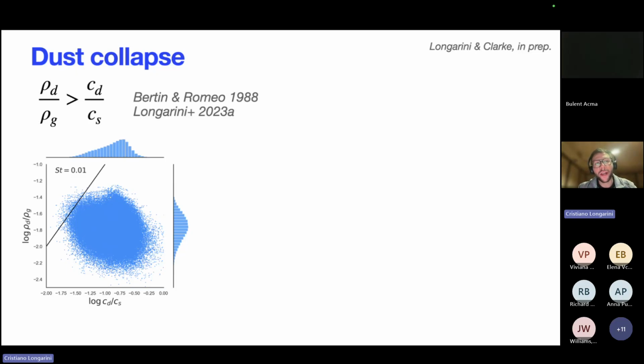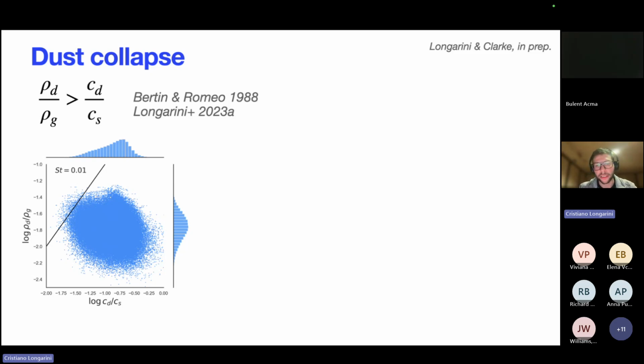And in particular, when the dust to gas ratio is higher than the ratio between the dust and gas velocity dispersion, what happens is that the dust is gravitationally unstable itself. It is not a given that the dust would collapse, but this is a strong indication that dust is unstable.